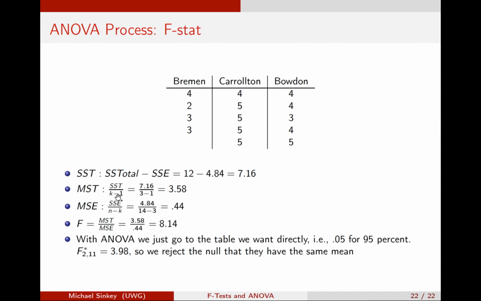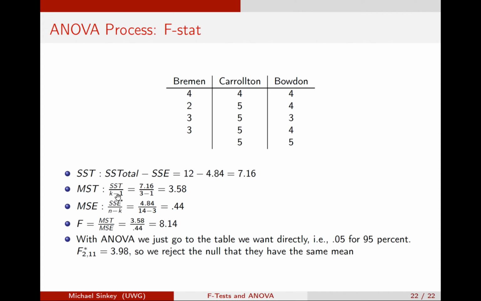And for Bowden, I had these data. Now here are the category means. You just take the average. Those are our category means. The overall mean is the average of these here.